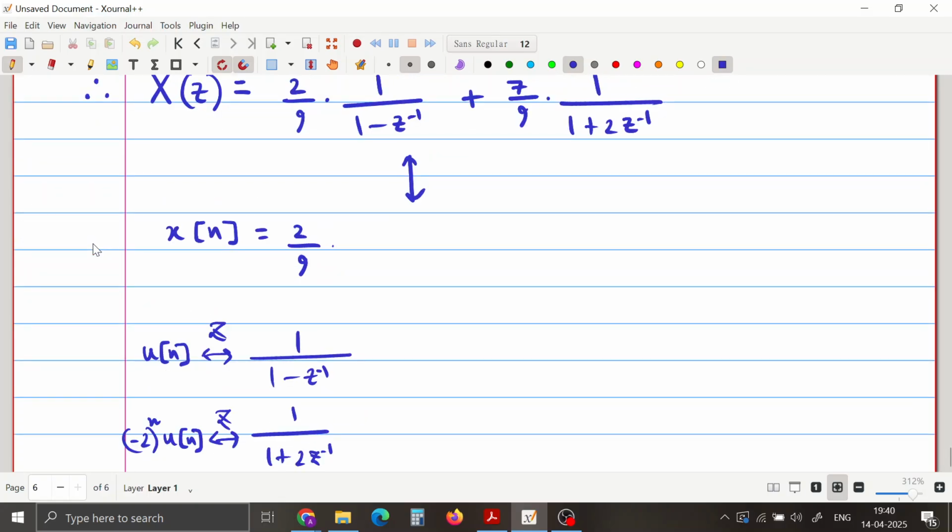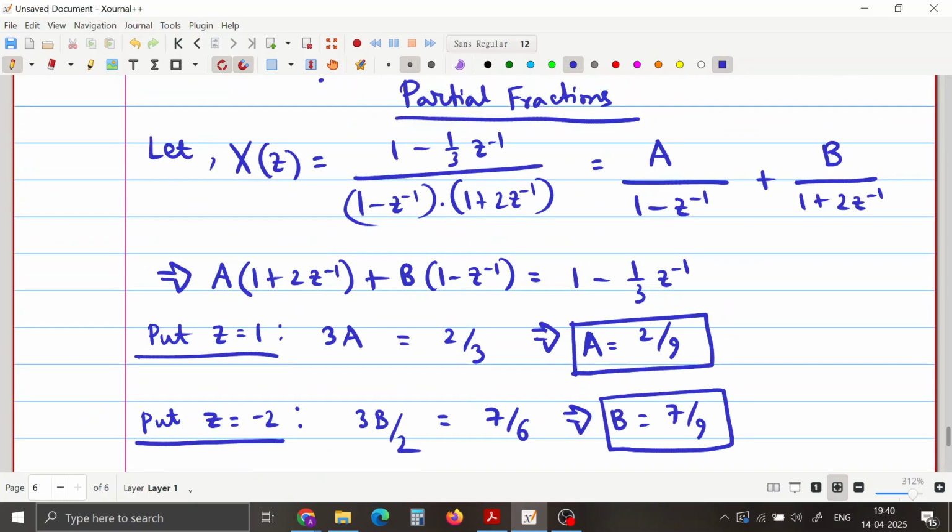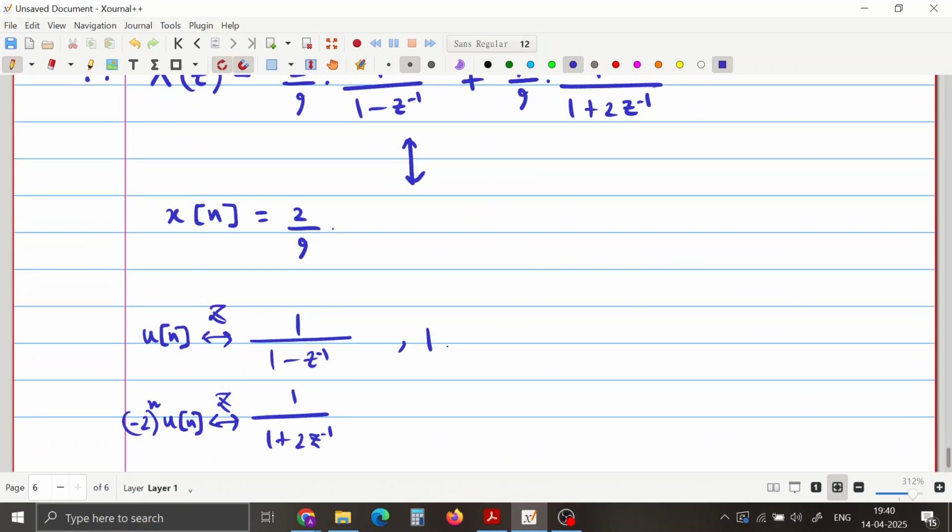All right, so now for the sake of completeness, let me also specify the ROC. For this part here, my ROC should be mod z greater than mod a, right? So for this part it should be mod z greater than 1, because a is 1 here. And for the second part, my a was -2, so its modulus will be 2, so mod z greater than 2.